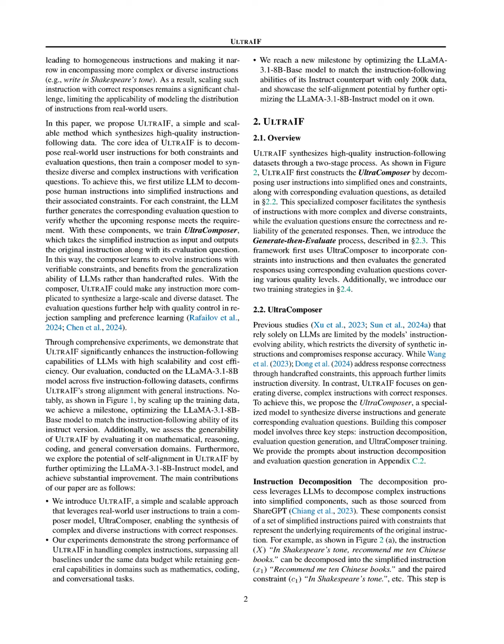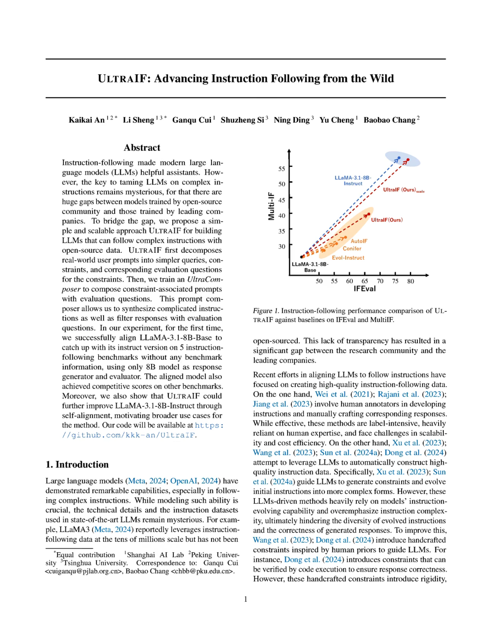Lastly, ULTRAIF excels in instruction diversity by utilizing the ULTRAComposer to decompose real-world user instructions into simplified components and constraints, allowing for the synthesis of complex instructions that better reflect varied user needs, unlike previous methods that often led to homogeneous outputs. This combination of cost-effectiveness, efficiency, and enhanced diversity positions ULTRAIF as a superior approach in the landscape of instruction following data generation.